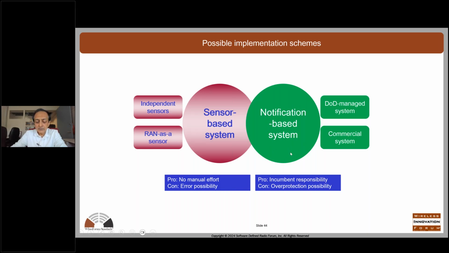But the flip side of that is the notification could provide overprotection, meaning they will be overly predicting what their own needs are in terms of how long they will be operating, when they might be operating, and thus they may be over occupying the system. Next slide, please.